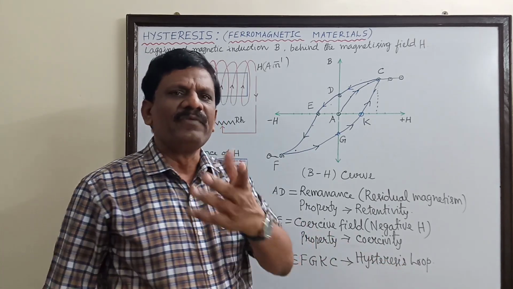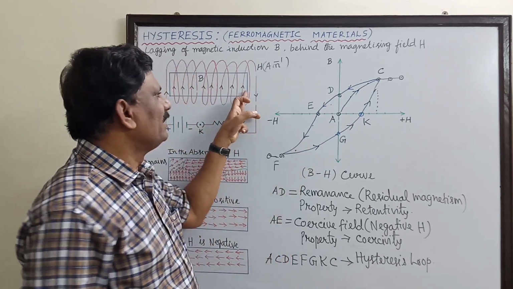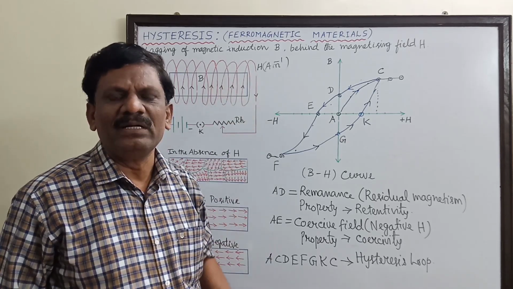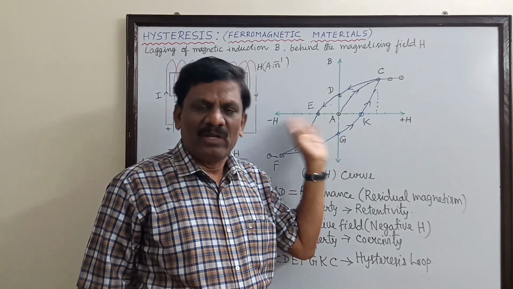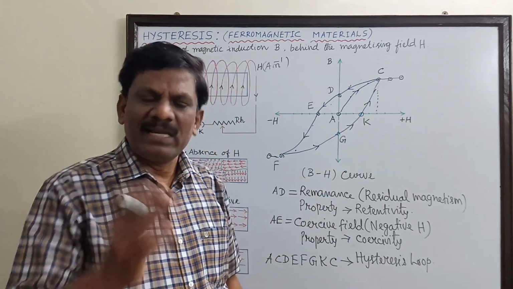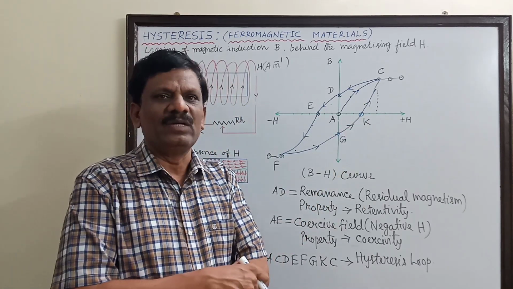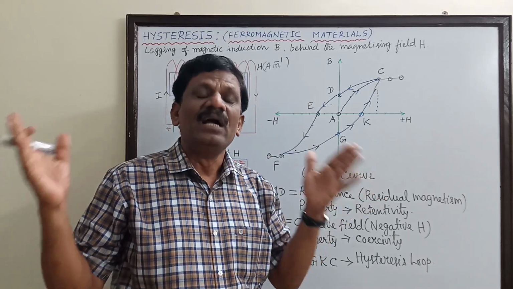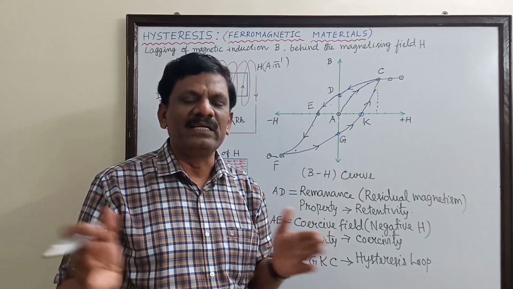not? So if you keep different materials, ferromagnetic materials, inside the same solenoid and vary H, the area of the loop will not be the same. It will be different. One will be very thin and tall, another one will be very bulged, flat, very broad and thick.